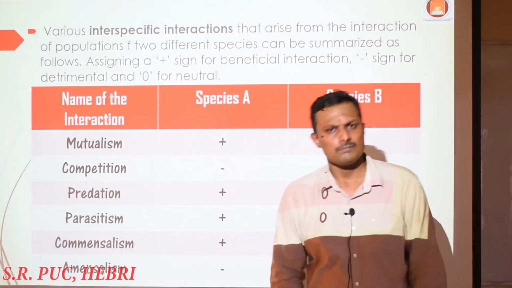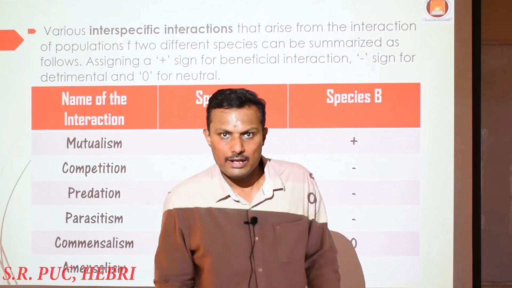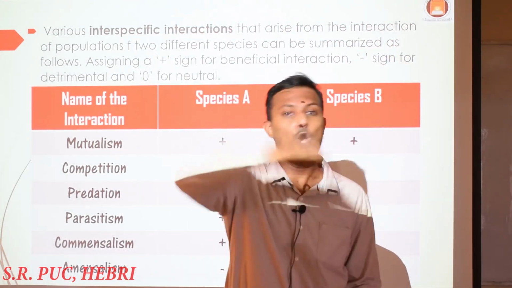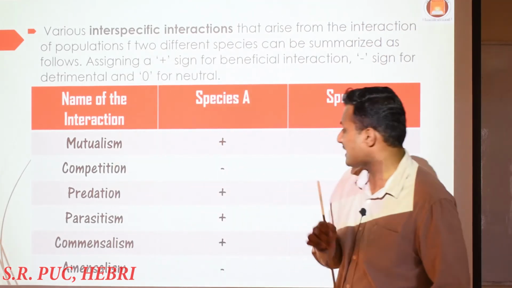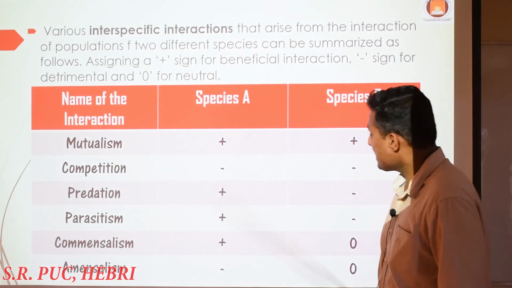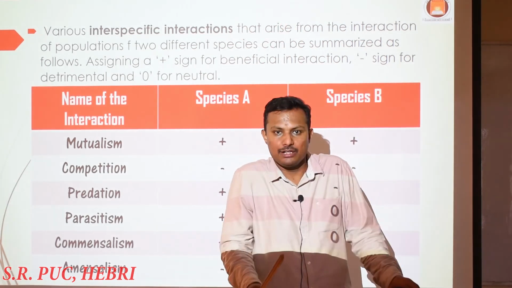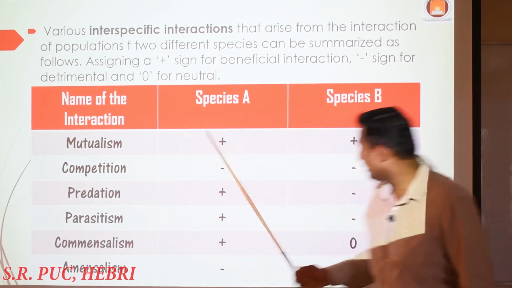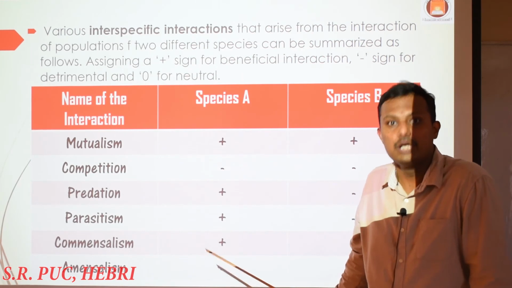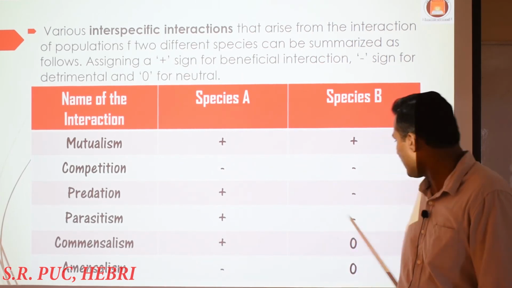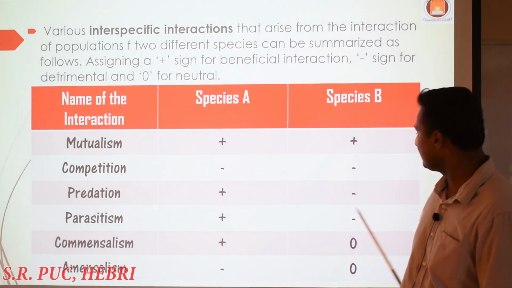Then parasitism. You have heard about parasites. Parasites are organisms which live inside the body of the host or on the body of the host, right? We have come across this before also. In parasitism, species A, which lives as the parasite, gets benefited, whereas the species which provides food and nutrition and also the place or habitat for survival has a negative effect, that is, a detrimental effect.